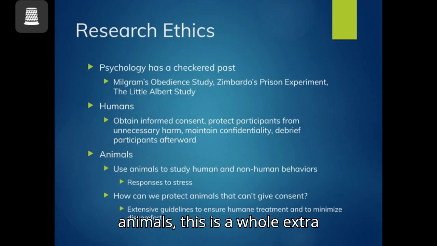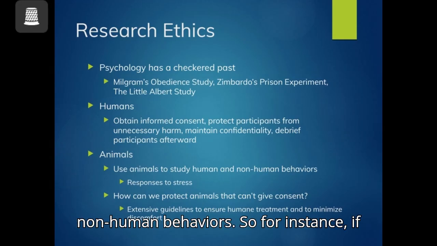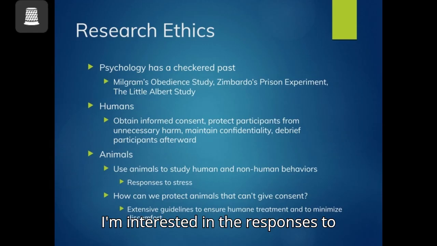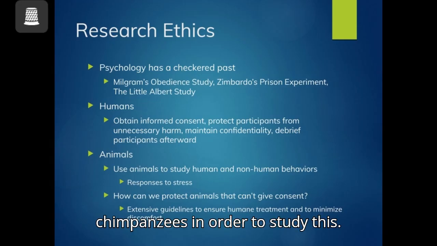Now, with animals, this is a whole extra area of research ethics. We often use animals to study both human and non-human behaviors. So for instance, if I'm interested in the responses to stress, I can use animal models. I can use rodents, I can use cats or dogs, I can use chimpanzees in order to study this.